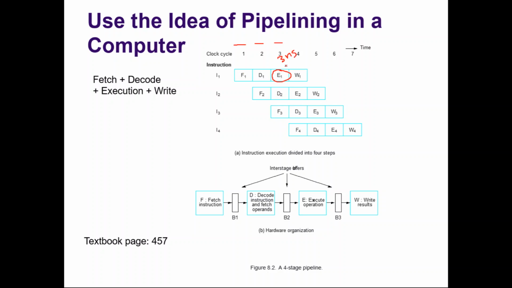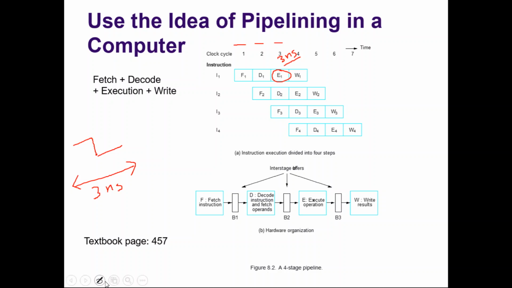Now your clock duration should be at least 3 nanoseconds, because the clock cycle for all units should be the same. In that case the faster unit can wait, but you should ensure that the duration is enough for the slower unit to complete the task.